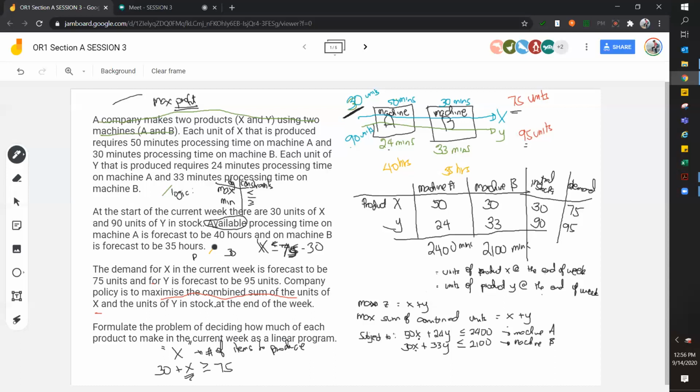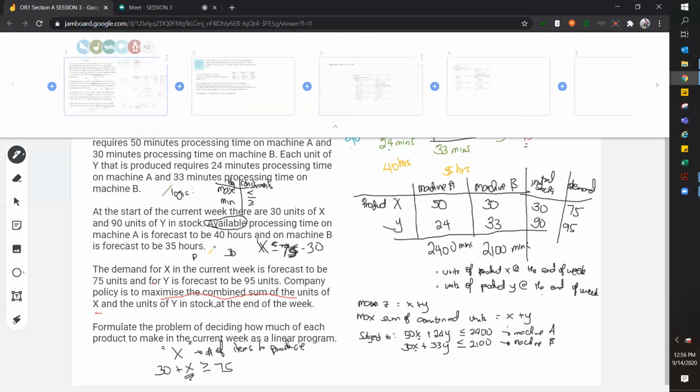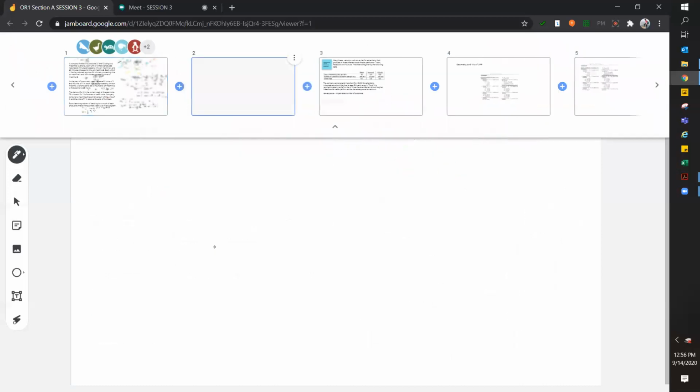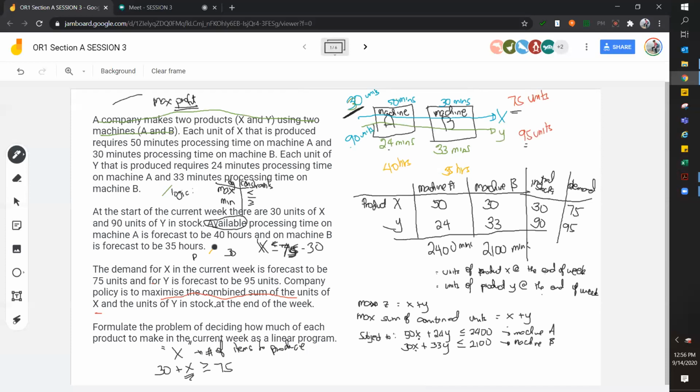Sige, ulitin natin to. Let's have a clean slate. Let's start with X. Kasi parang base dito, questionable yung ating decision variables.